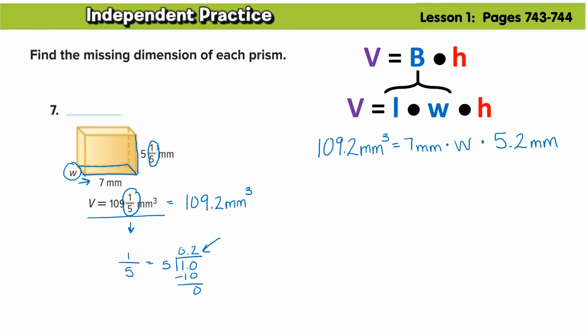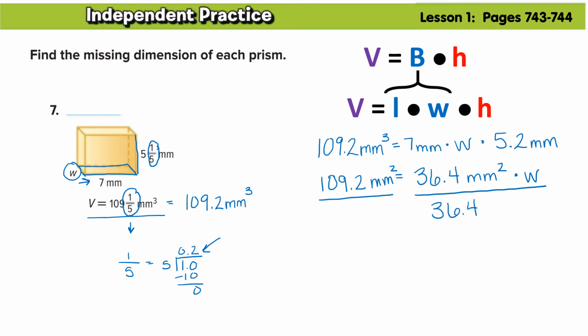Okay, so 7 times 5.2 equals 36.4 millimeters squared times the width equals 109.2 millimeters squared.